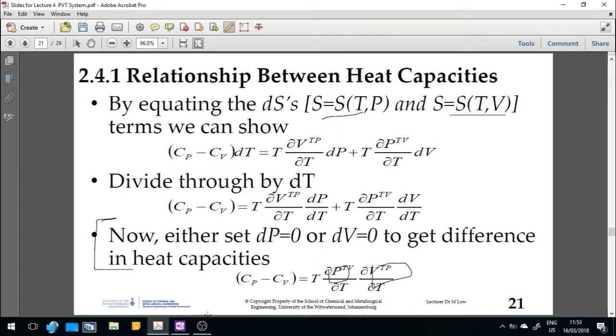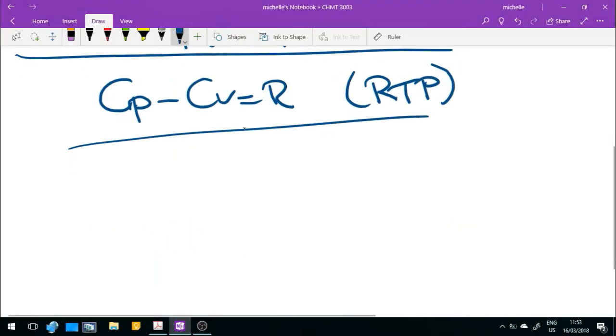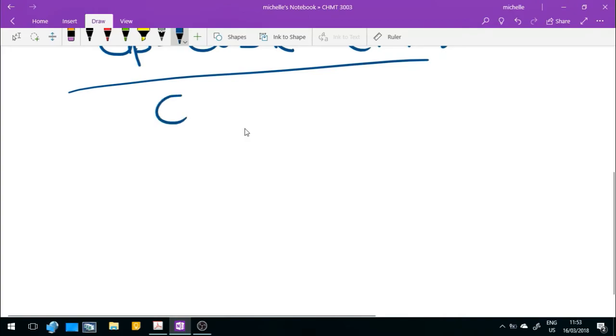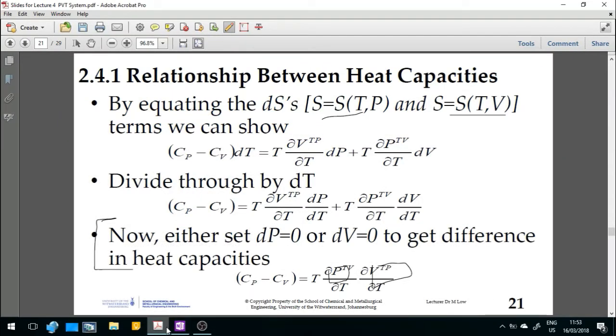All you have to do is partially differentiate the expression P with respect to T and partially differentiate the expression V with respect to T and substitute in for T as well. And you can get a relationship of Cp minus Cv. And then another useful expression I was just mentioning was that Cp over Cv equals gamma. That's an expression you'd use, and you'll see more about it in your assignment.